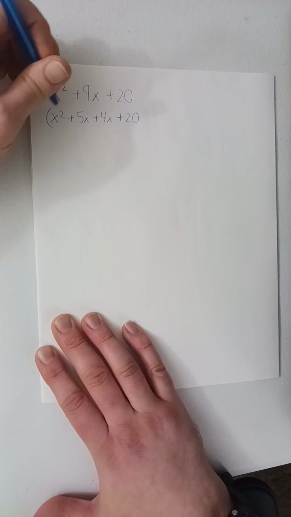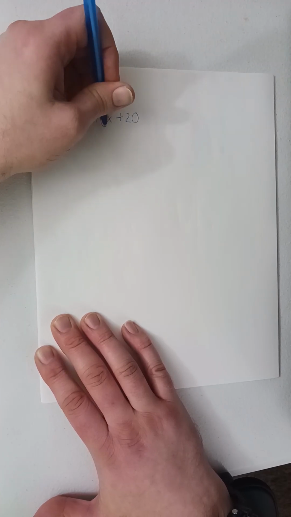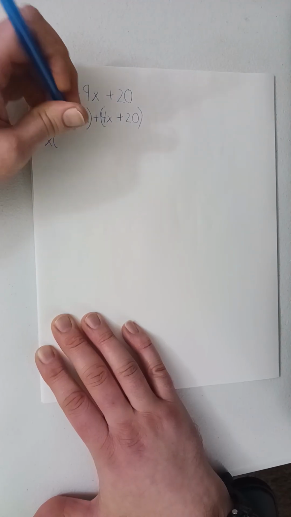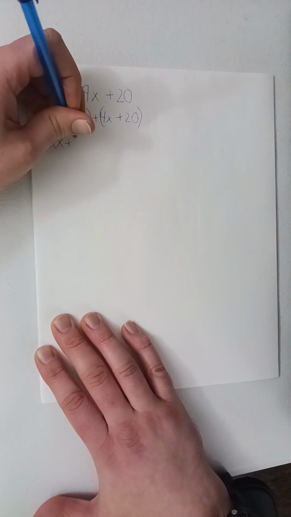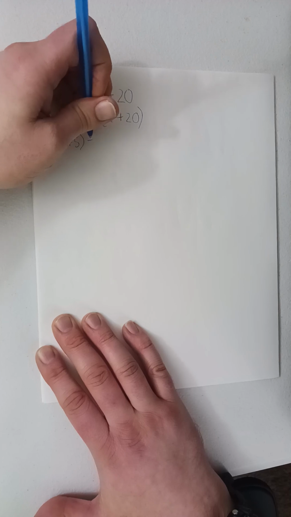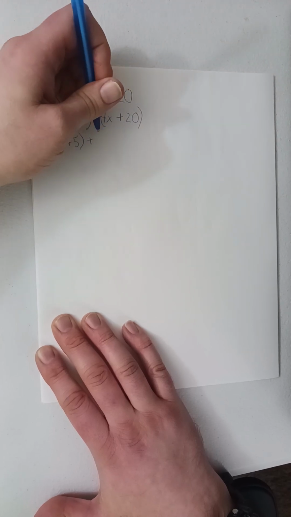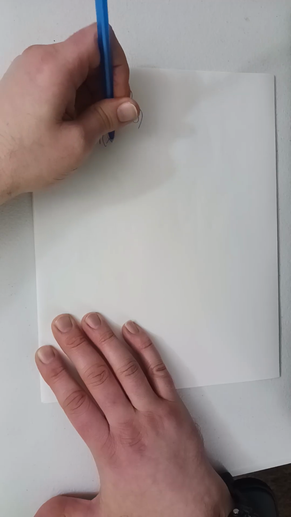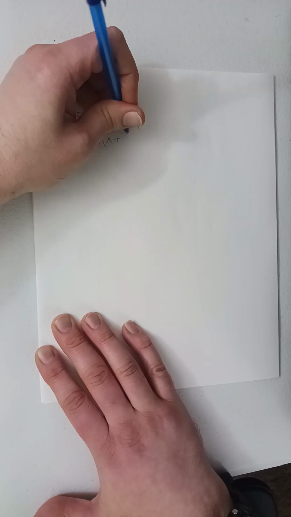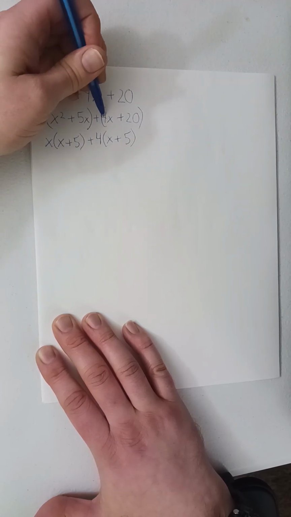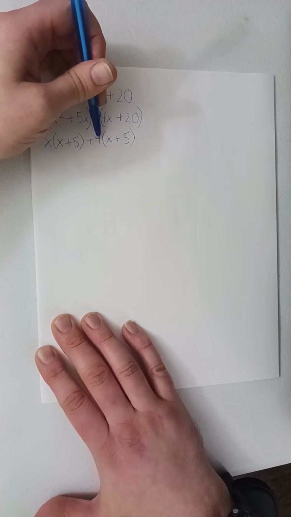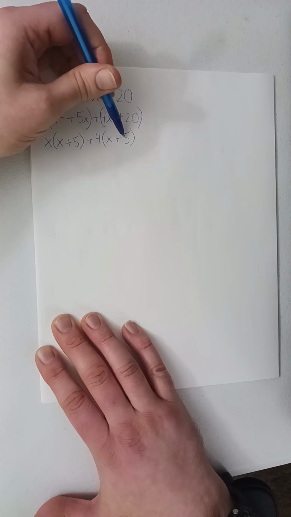So now we can group these, and we get x times x plus 5 plus 4 times x plus 5, because we divided each of these by 4 and took the 4 and put it outside. So 20 divided by 4 is 5.